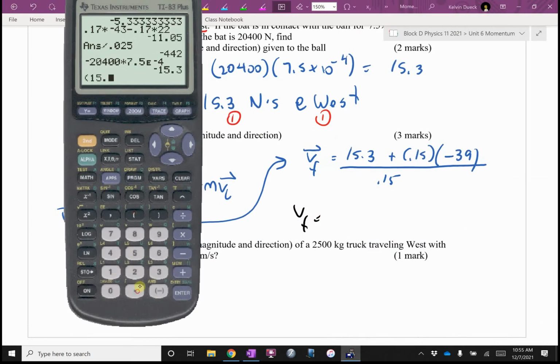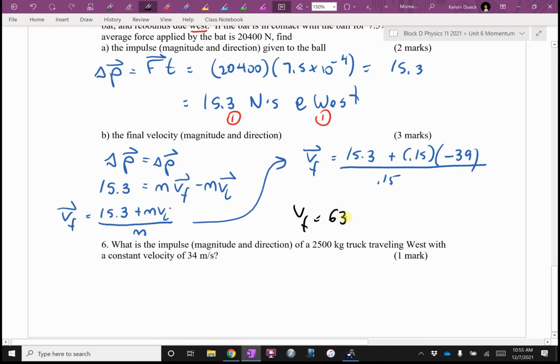Bracket 15.3 plus 0.15 times negative 39, close off the top, divided by 0.15. You all get 63? I got a positive 63.